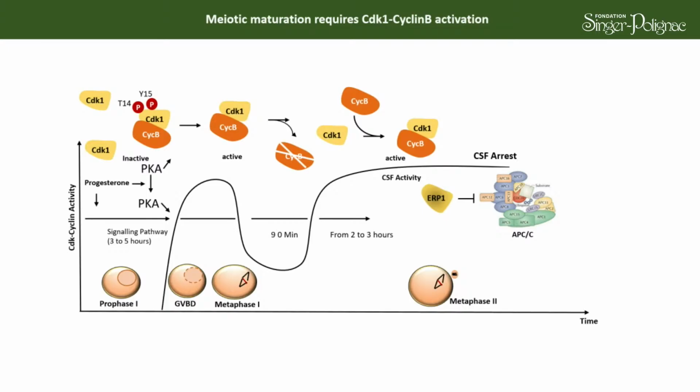Next, cyclin B is degraded between meiosis 1 and meiosis 2, and translation of cyclin B reaches meiosis 2, where the protein ERP1, an inhibitor of APC, binds APC and maintains the oocyte arrested in metaphase 2 until fertilization.